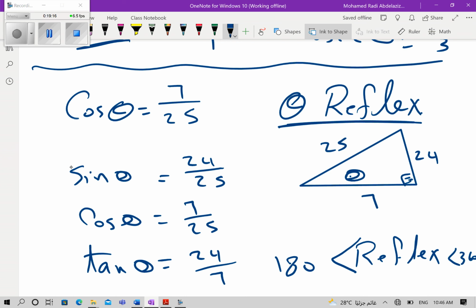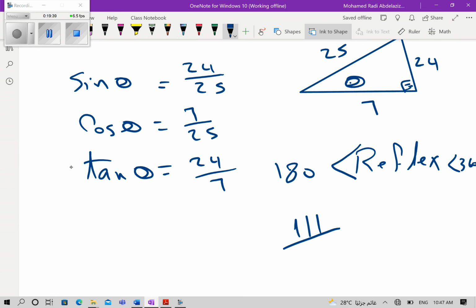Acute angle means less than 90, so in the first quadrant. Obtuse angle between 90 and 180, so this means second quadrant. But reflex angle more than 180 and less than 360. So in which quadrant? Maybe third or fourth.